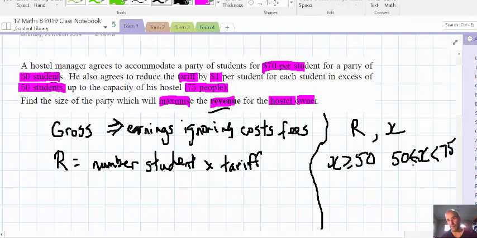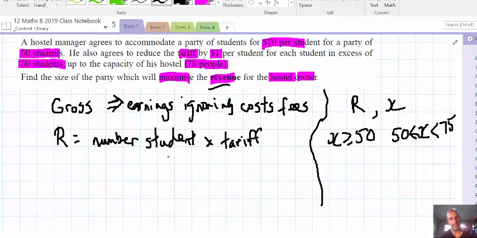It's arguable about whether it's less than or equal to. You see, 50 is acceptable, but you don't get the tariff reduction kick in. So I guess 50 works, but the profit's probably going to be lower.